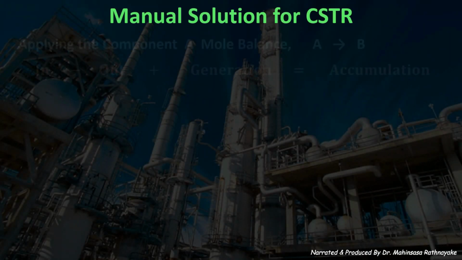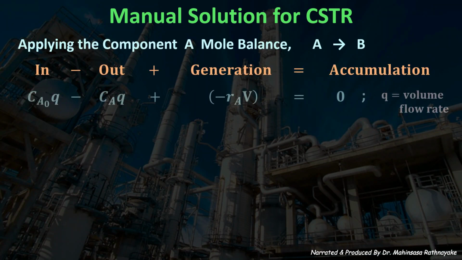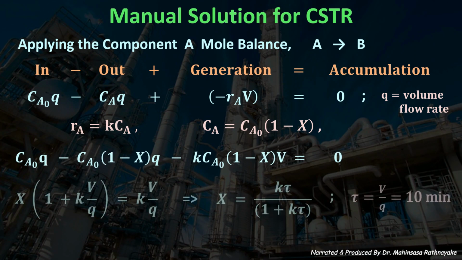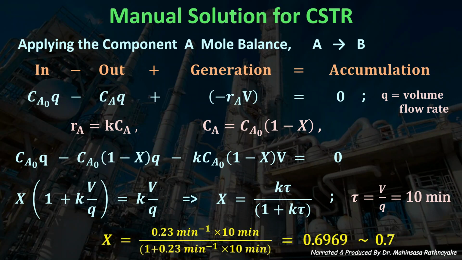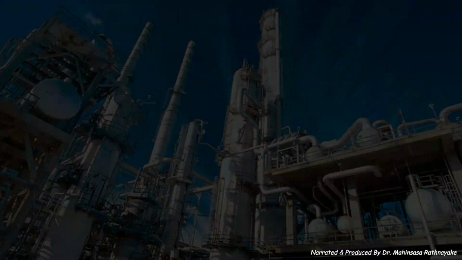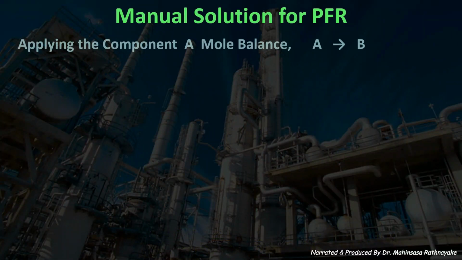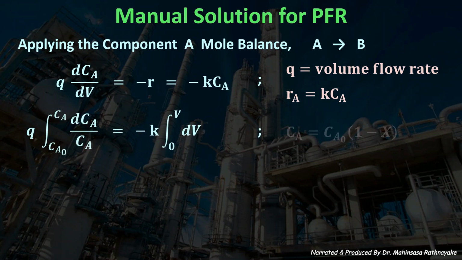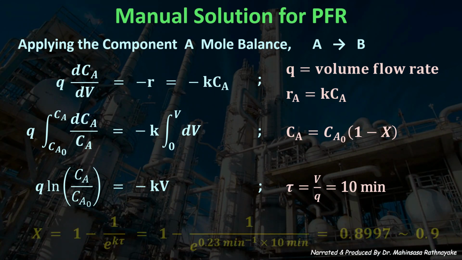The results of the analytical solutions which were calculated manually are 0.6969 for CSTR, and the analytical solution for conversion of PFR is 0.8997, so that we can conclude the simulation results are identical to analytical solutions obtained from manual calculations.